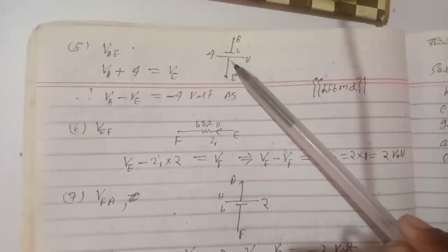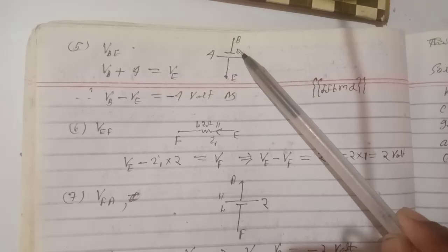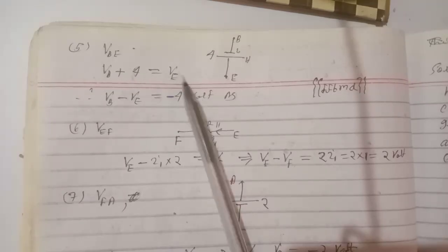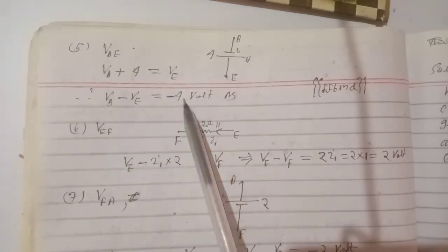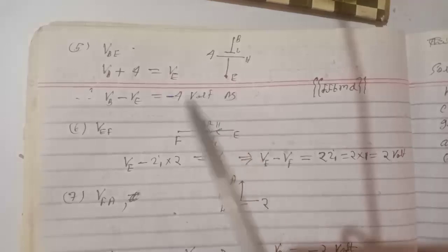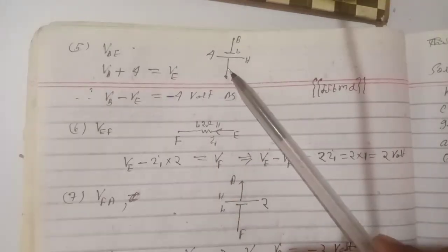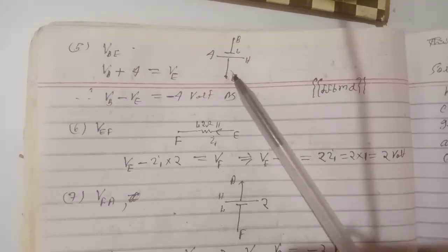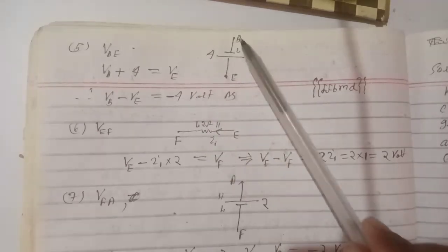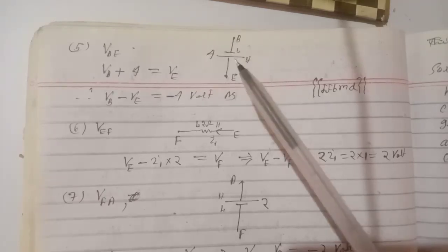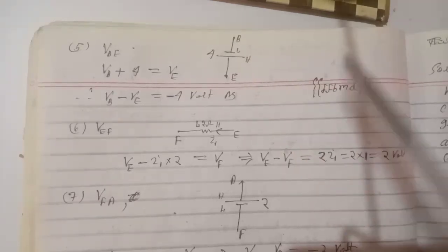The VB final is higher, initial is lower, so final minus initial will be positive. So VB plus 4 equals to VE, so VB minus VE equals to minus 4 volt. So our assumed direction VB minus VE, negative sign shows that VB is not at higher potential, VB is at a lower potential.